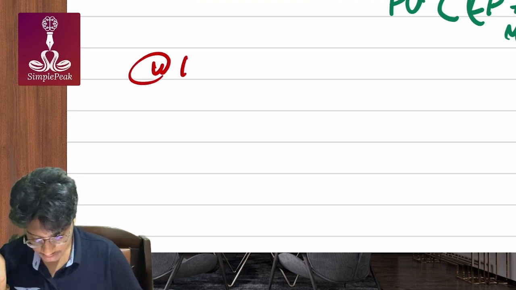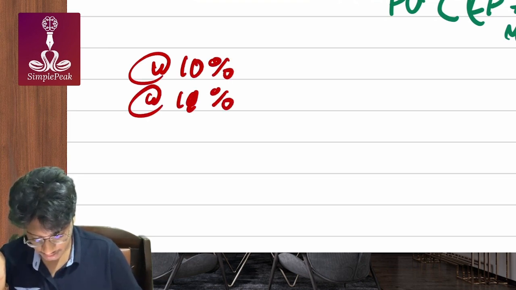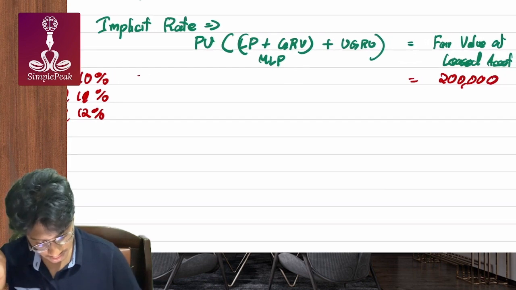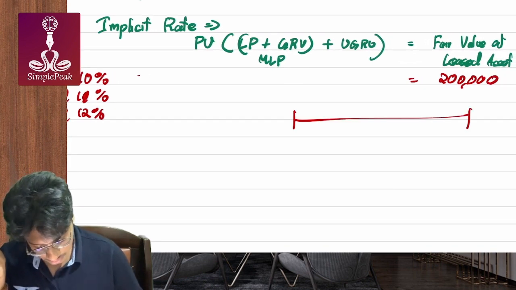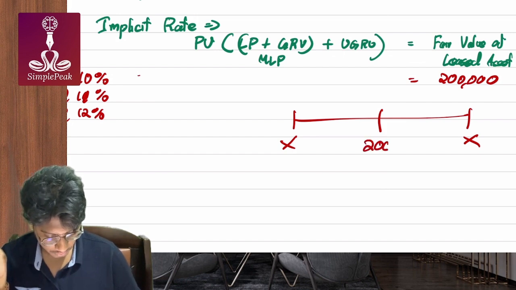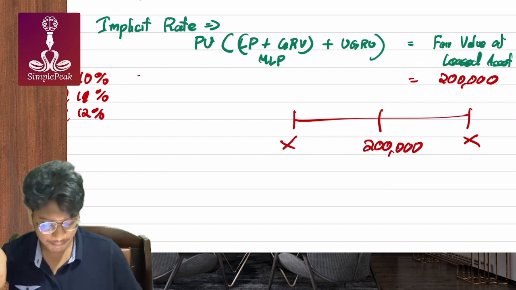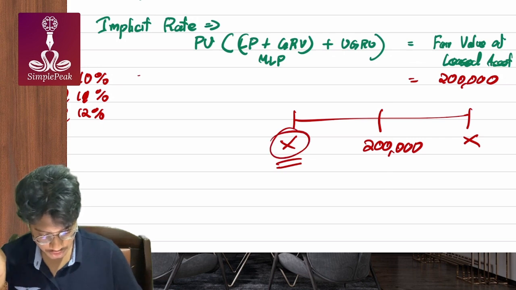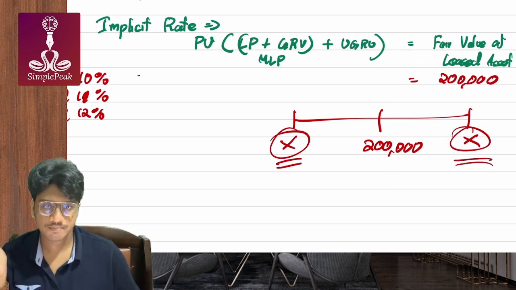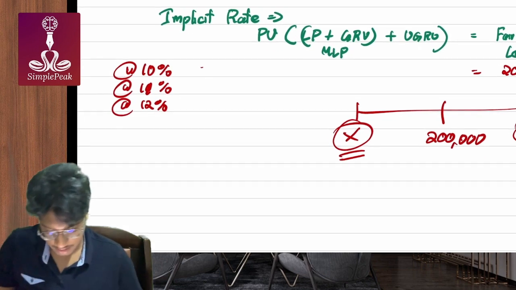So at 10 percent, at 11 percent, at 12 percent, you have to check accordingly, in such a way that if you compute at one rate the value should be on one side, and at another rate the value should be on the other side.